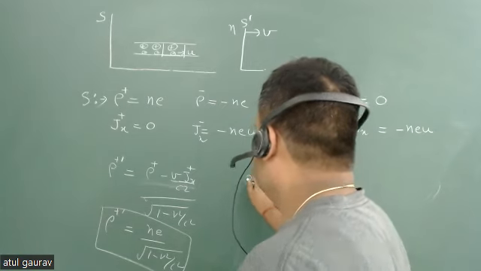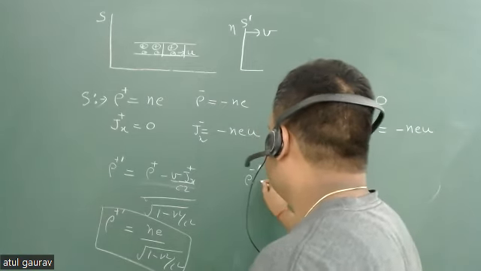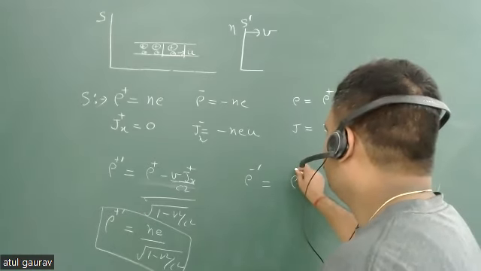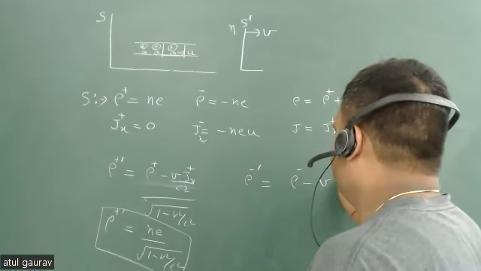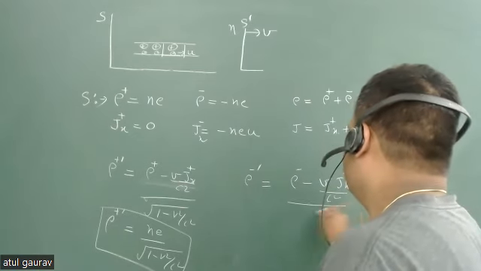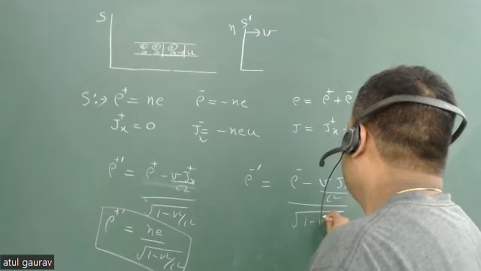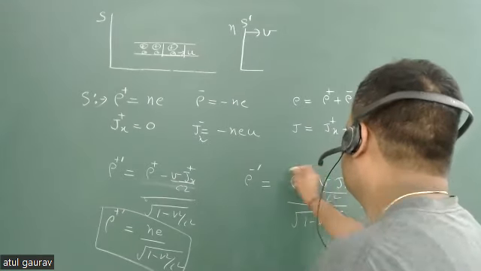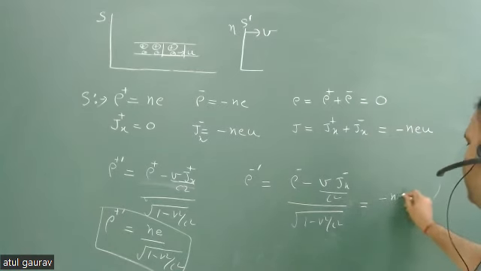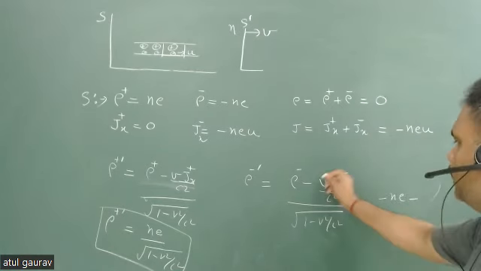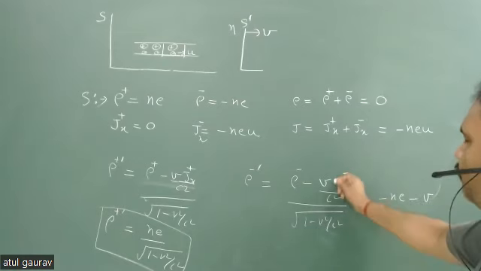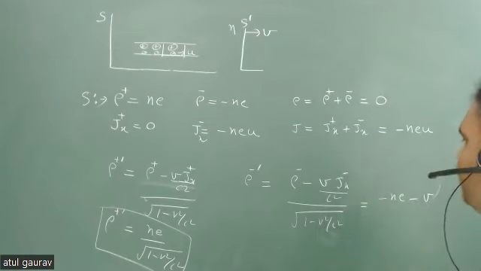That value is rho minus dash. What will be this value? Rho minus dash equals (rho minus minus v jx minus upon c square) over root under 1 minus v square upon c square. So what is your rho minus? Minus ne. And what will be your jx minus?